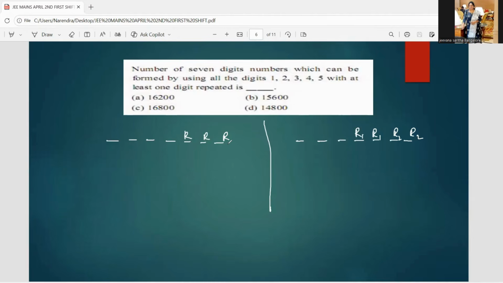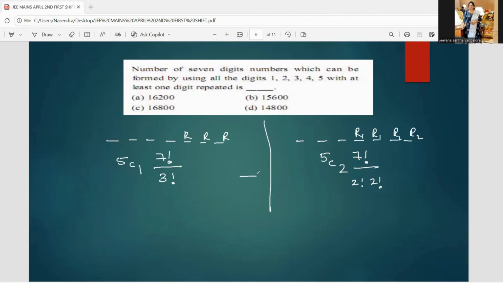So the digit repeated thrice can be chosen among the 5 given in the form of 5C1. Once we choose the digit which is repeated thrice, then we have 7 digits which can be arranged in 7 factorial, and in which 3 digits are same. So we divide it with 3 factorial. And then this is again selecting 2 digits which are repeated twice. And then we have 7 digits to be arranged in the form of 7 factorial, and out of which there are 2 digits which are repeated twice.